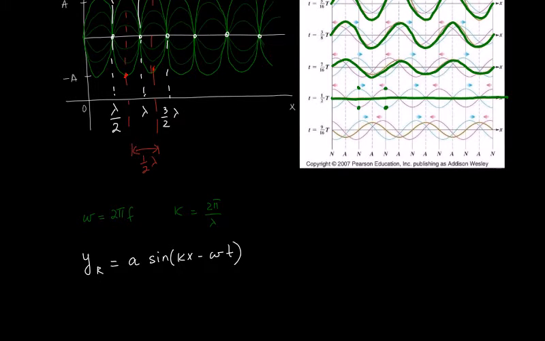Similarly, with the same angular frequency and wave number, the wave that is going to the left will be written as sine of kx plus omega t.